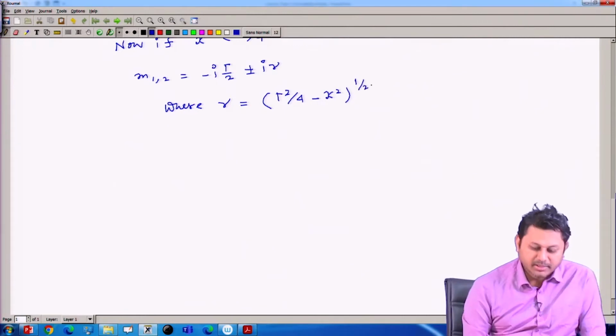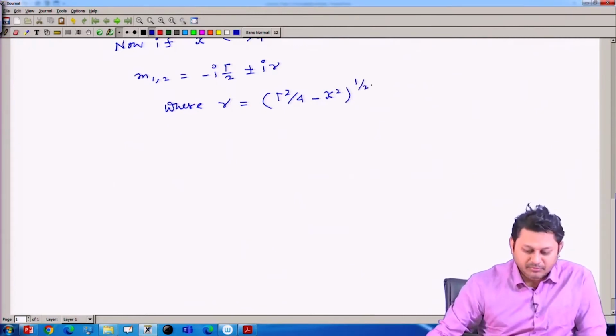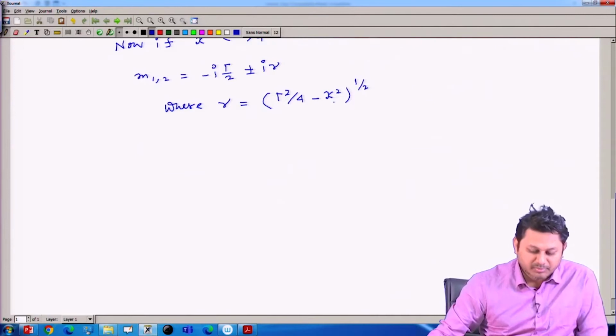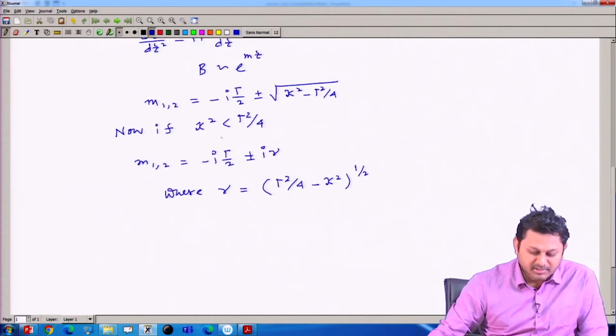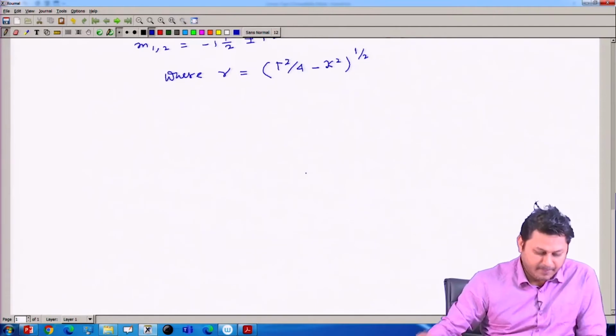So, this is the quantity gamma square divided by 4 minus kappa square. Previously, it was kappa square minus gamma square divided by 4. So, now it is going to change, because the condition is that kappa square is now less than this one. So, that small gamma is positive.